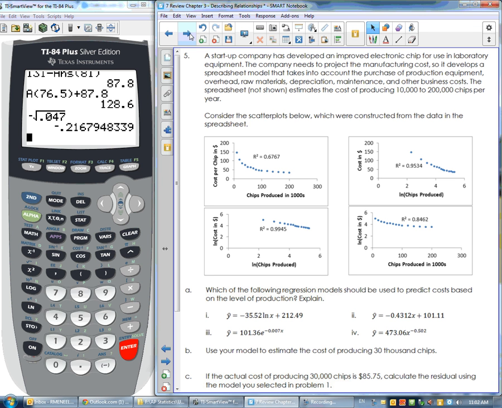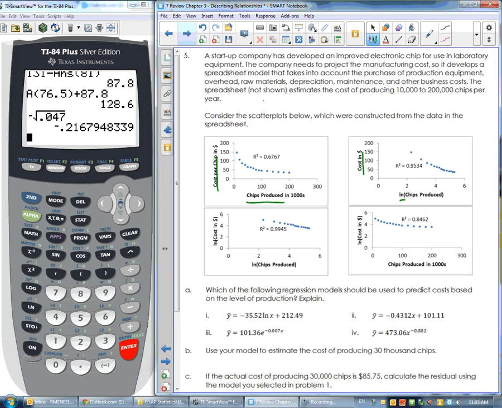Well, if you take a close look at the scatter plots, if I look, for example, at the first one, notice that it says chips produced per cost per chip. Whereas if I look at the next one, notice now I'm looking at the natural log of the chips produced versus the cost in dollars.